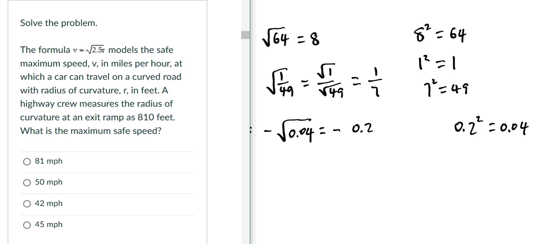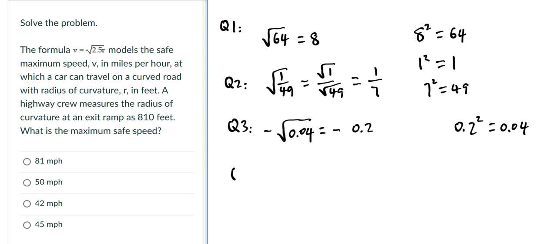Question 4. Question 4 is a story problem. Here we have a speed that is a function of 2.5 times r.